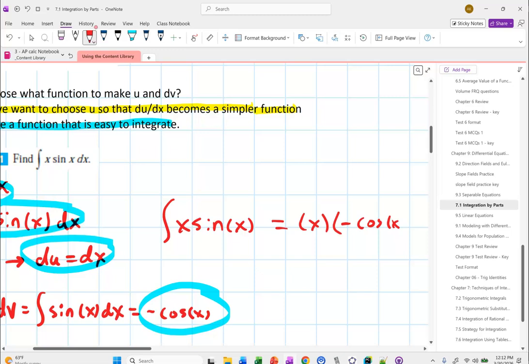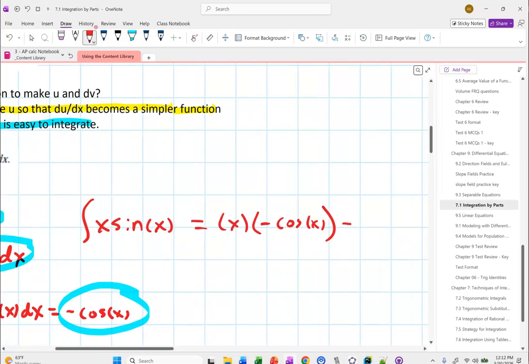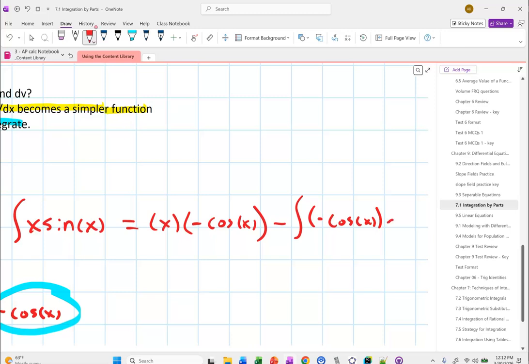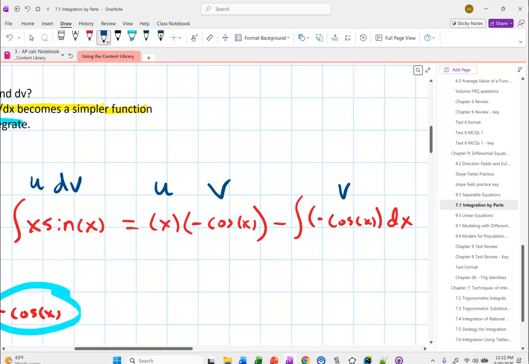So I have u times v minus the integral of v du. Everybody see where I filled everything into our formula here?